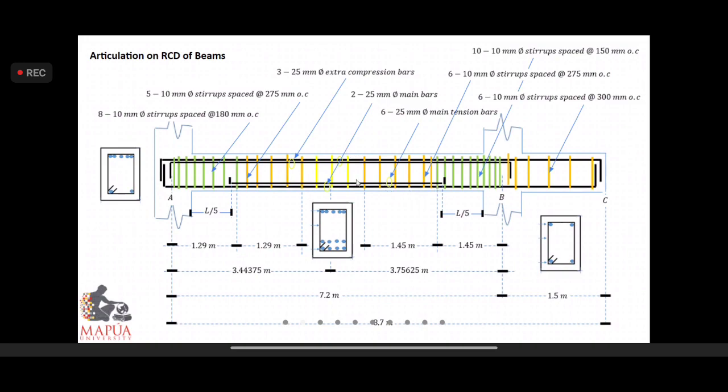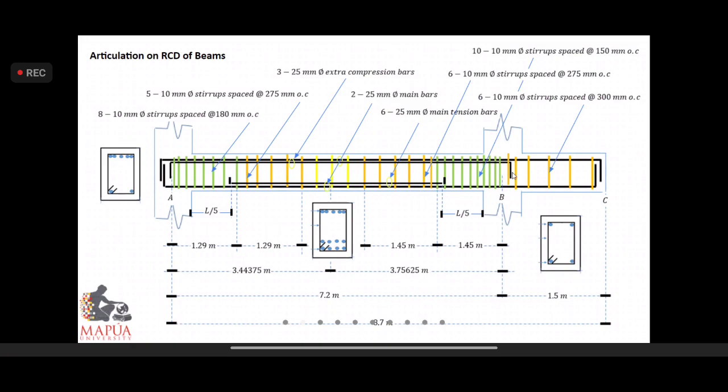And then dito, wala namang nakalagay dito. Usually, the designer opted to place 10 millimeter diameter stirrups spaced at 200 millimeter on center o kaya 300 millimeter on center. Ikaw na bahala doon. So as a designer, lagyan lang natin ang stirrups para makadagdag siya to mitigate the risk of counteracting the lateral forces or the tension stresses created by lateral forces or yung earthquake or seismic forces.